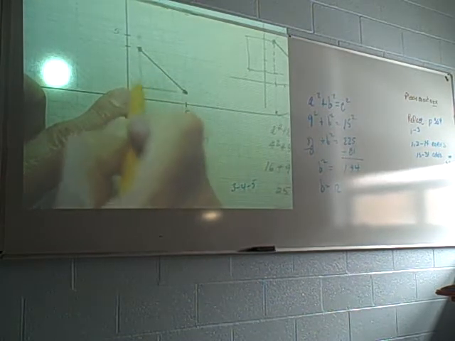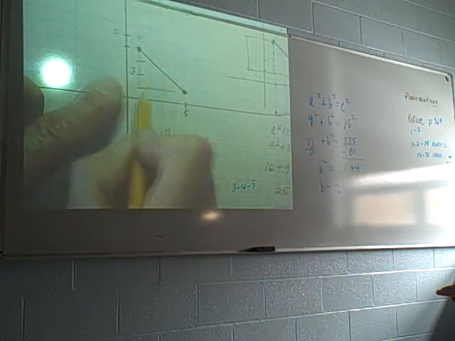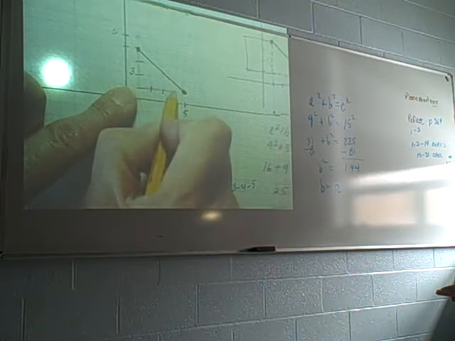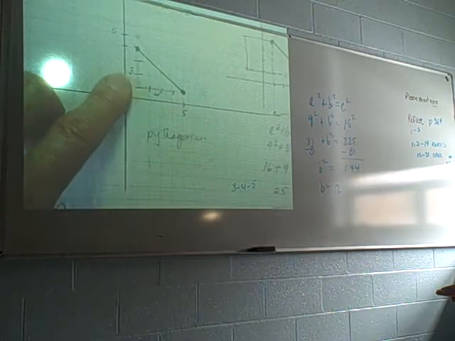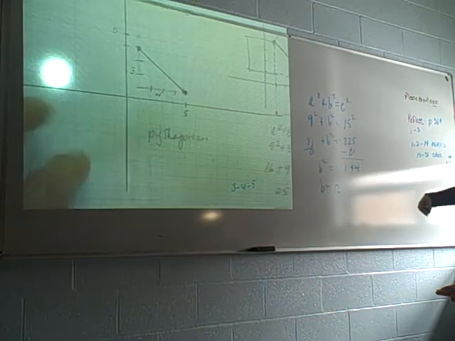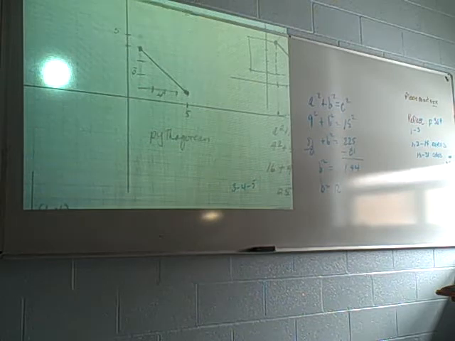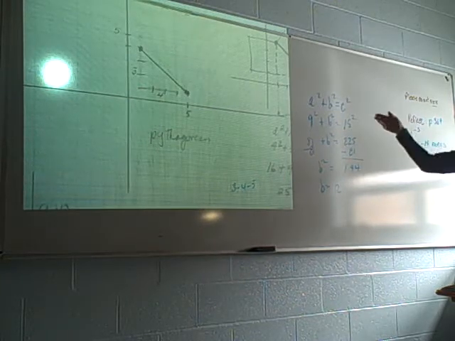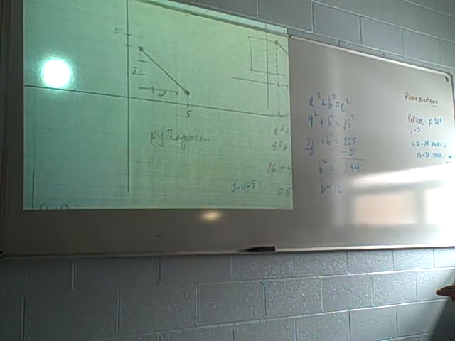I have 1, 2, 3, and 1, 2, 3, 4 are my distances. So what is the length of that hypotenuse? 5, because it is a 3, 4, 5. And if not, I could certainly do a squared: 9 plus 16 is 25, so I would know that that would be 5. Okay, everybody good with that?